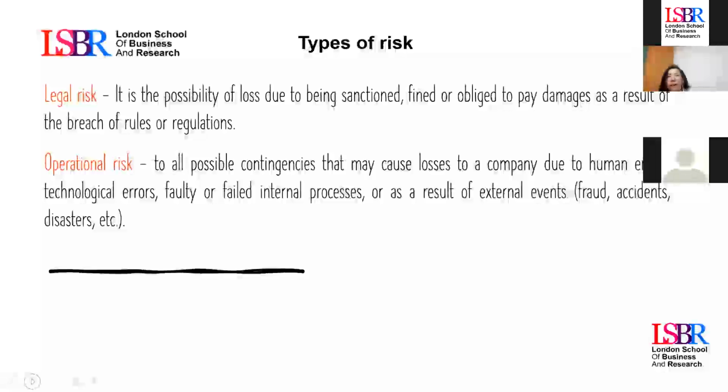Probably we never think about how a volcano is a risk for a bank. Maybe the volcano is not associated with the core of the bank, but the bank was located very close to the volcano. The volcano was a huge operational risk for the bank, because in case of an eruption, the operation of the bank would be stopped.